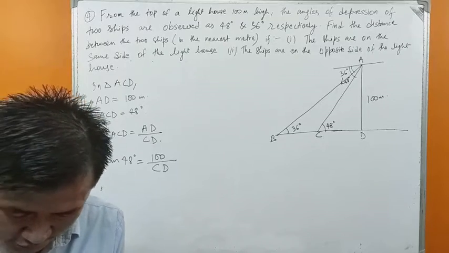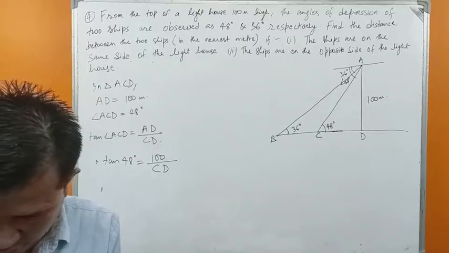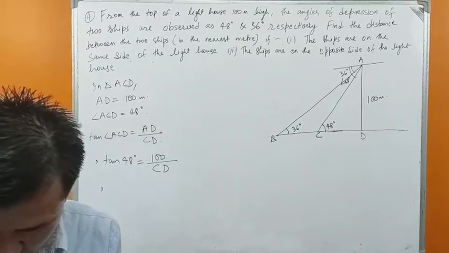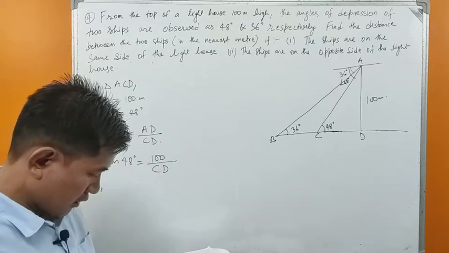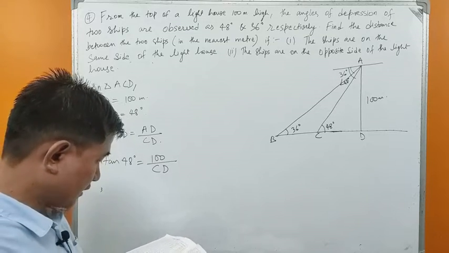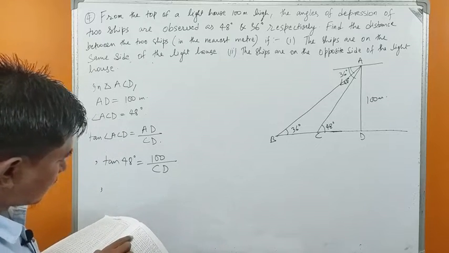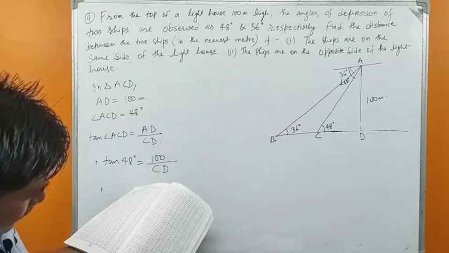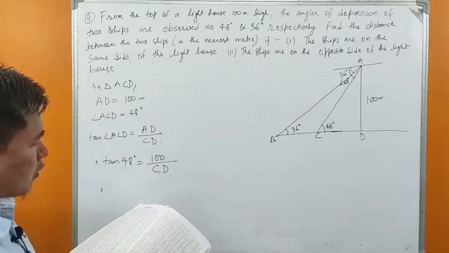So tan 48, page number 455. You can see the value of tan 48, 1.1106.